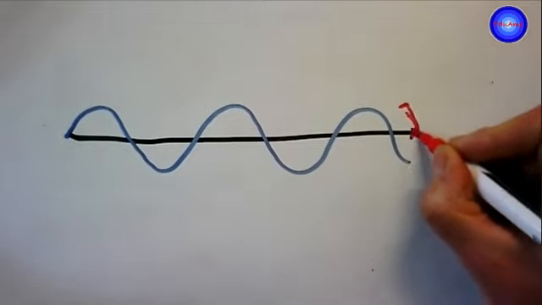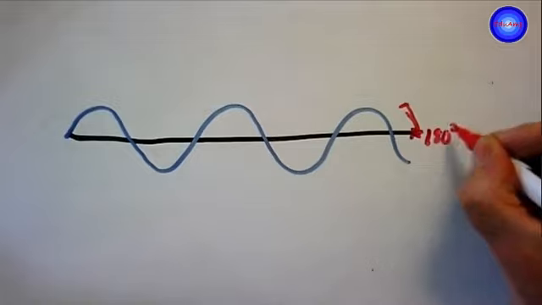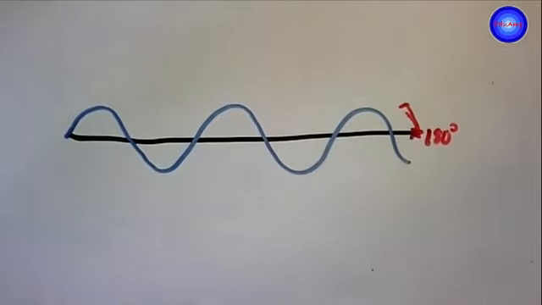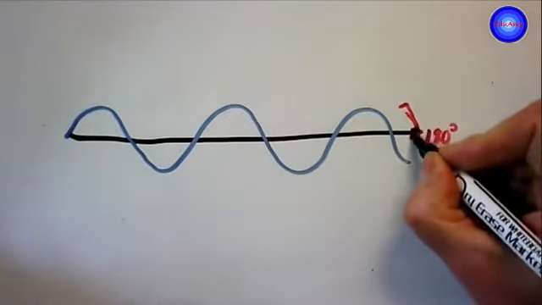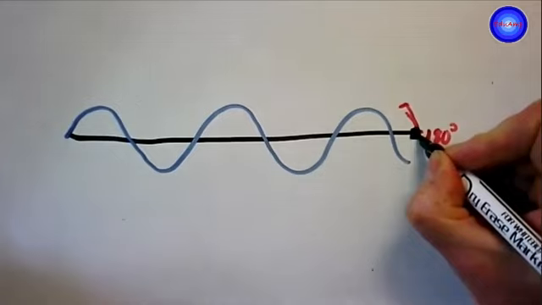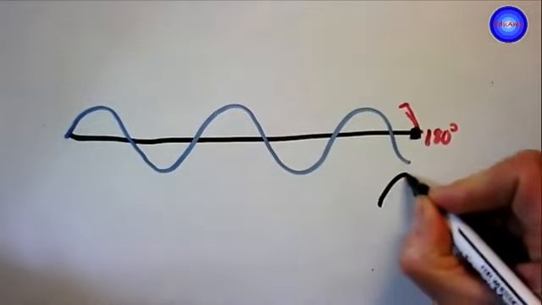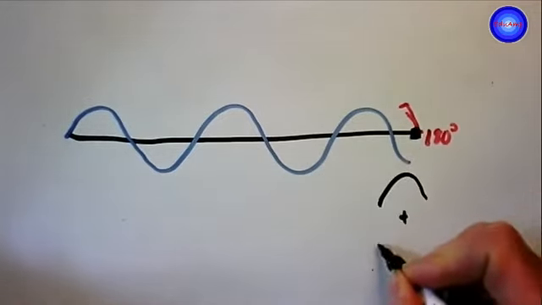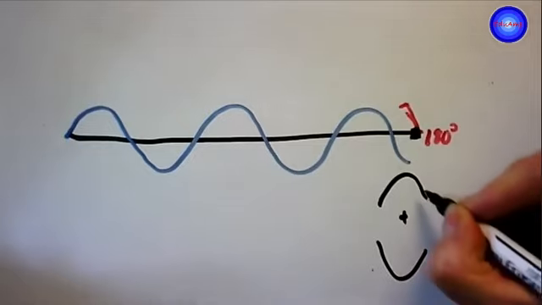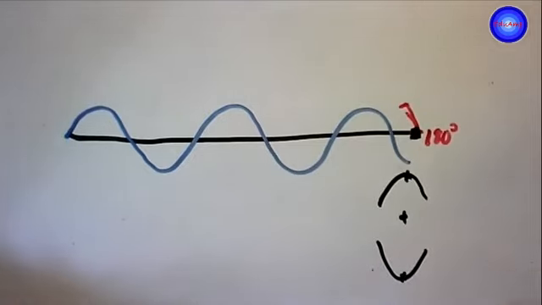At this point here, there should be a 180 degree flip between the blue and the red. Why is that? Because at that point just here, I can't have any wave at all, because I've got one wave going up plus one wave going down, so I get destructive interference.